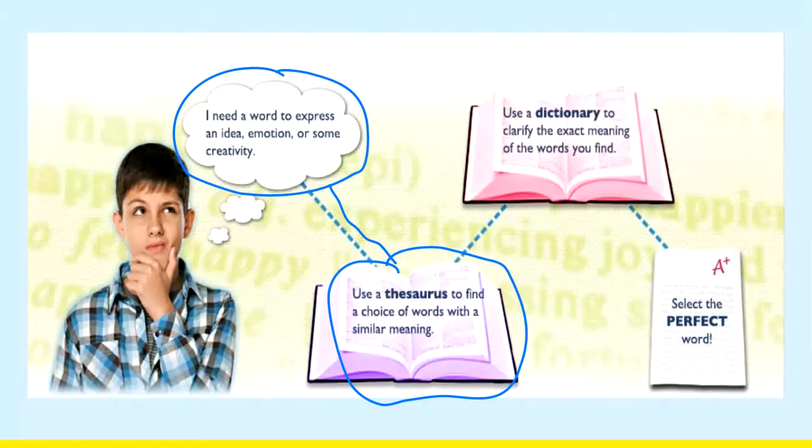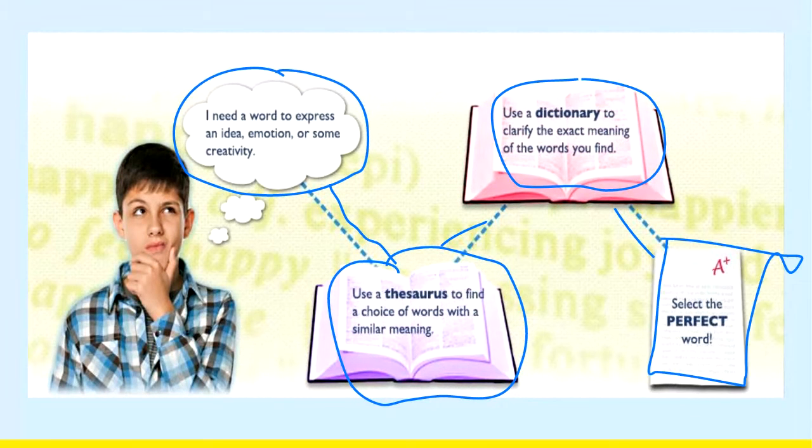And then you can use a dictionary to clarify the exact meaning of the words you find. And that will help you select the perfect word. So you have your thesaurus, which gives you a variety of words with similar meanings, and the dictionary, which can give you the exact meaning of the words that you find. So that's kind of a quick summary of what we're doing in 1.07.